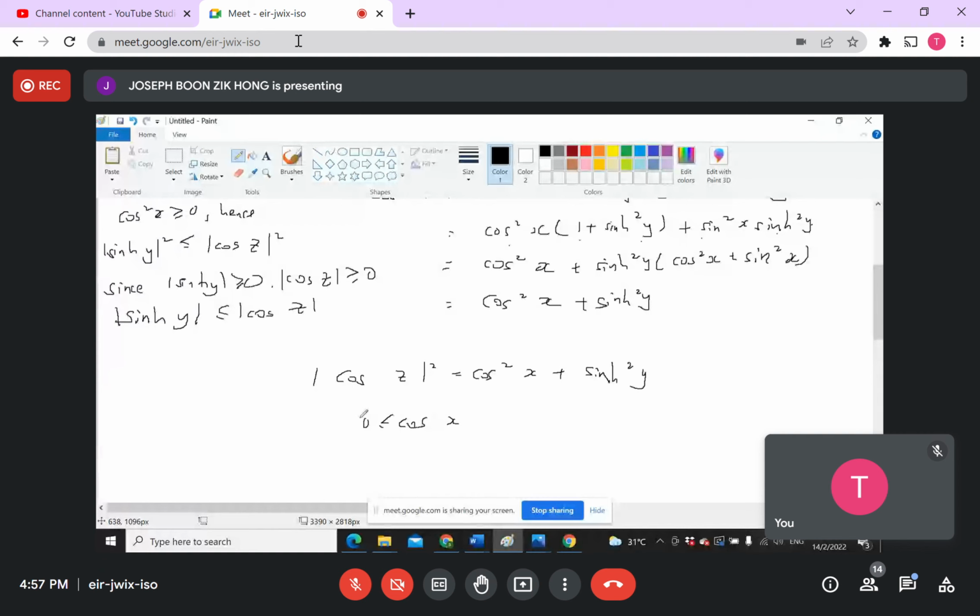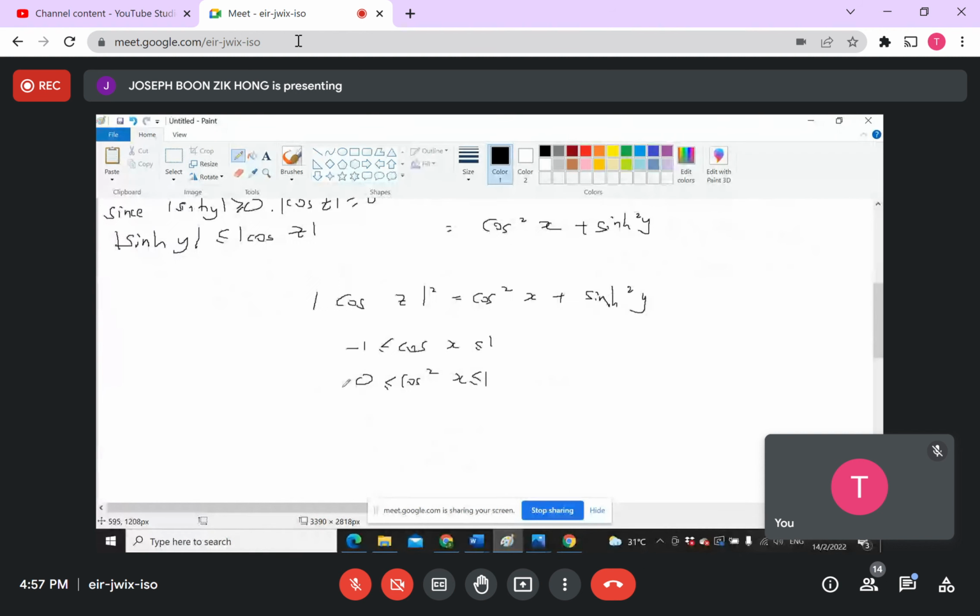And if I have cos square x, then it will be in between 0 and 1. Okay, so that means my cos z squared, highest will be when my cos square x is 1. So it's always less than 1 plus sine hyperbolic square y. And then the other side is always greater than 0 plus sine hyperbolic square y.